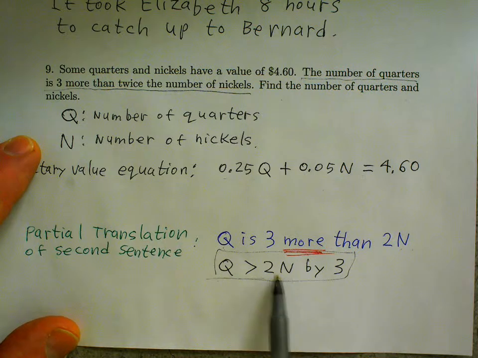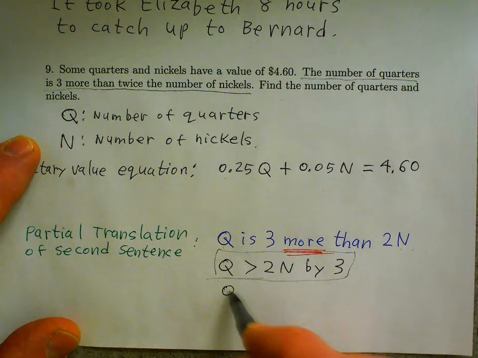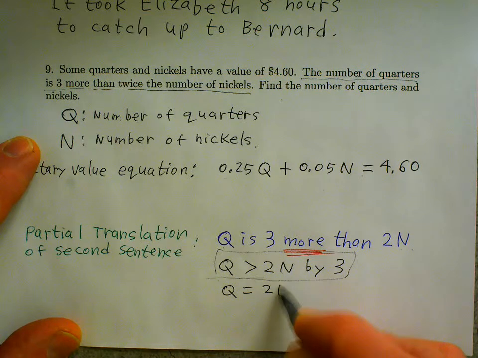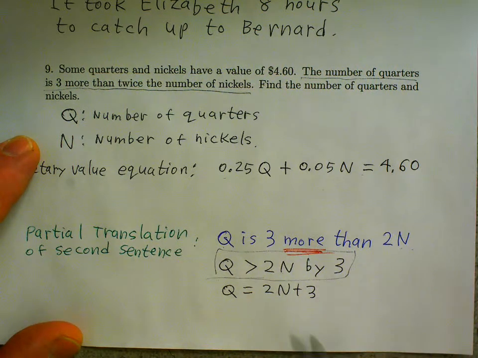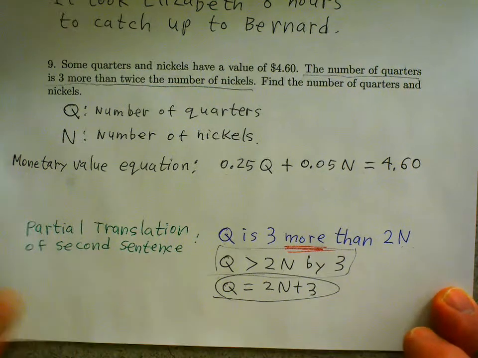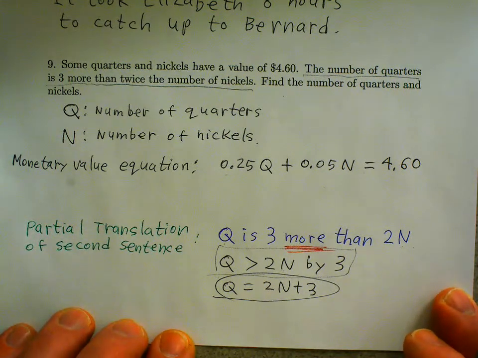Since 2N is smaller than Q by 3, if we add 3 to 2N, then that will be equal to Q. Q is equal to 2N plus 3. So we can use that as our second equation.